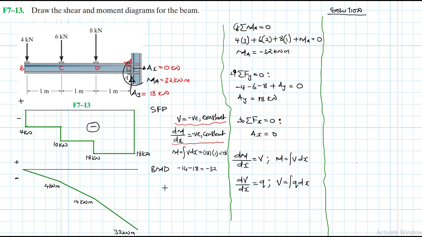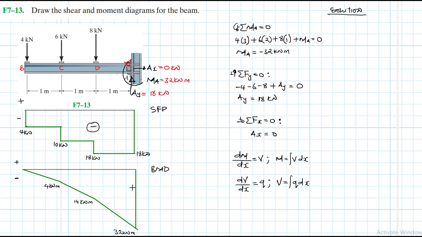And that is the one that is going to sum up with this minus 32, the counterclockwise, which gives us a 0, and hence a closure, like so.